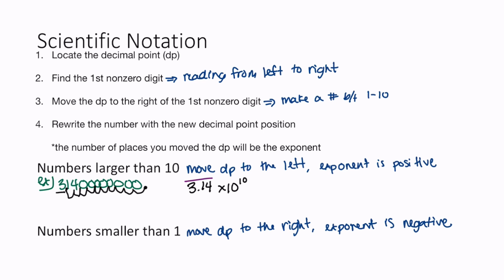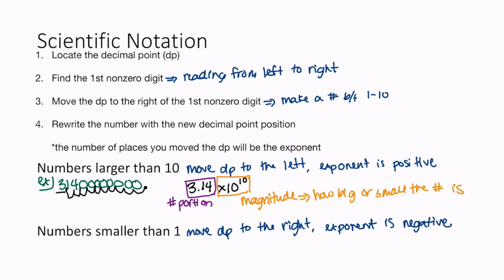The first part of this, the 3.14, is the number portion of the scientific notation. And then the times 10 to the exponent, this shows the magnitude of the number. And the magnitude is just simply how big or small the number is.